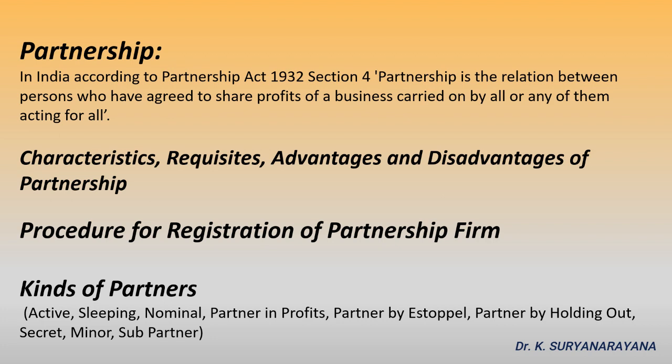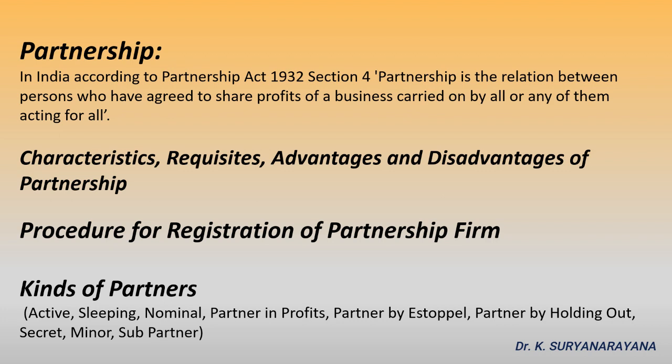The practical steps involved in the registration of a firm. In the first step, a statement in the prescribed form must be obtained from the office of the registrar of firms of the area wherein the business of the firm is located or is planned to be located.